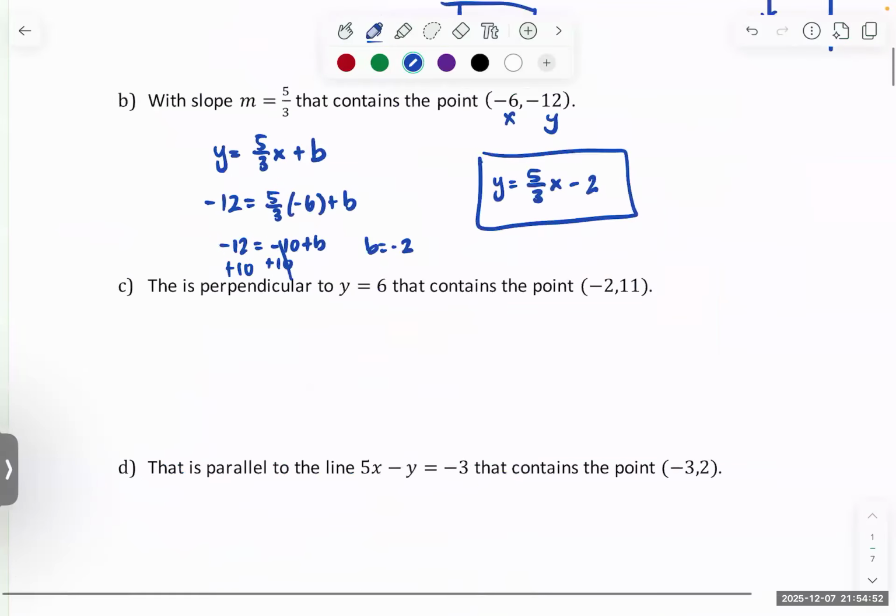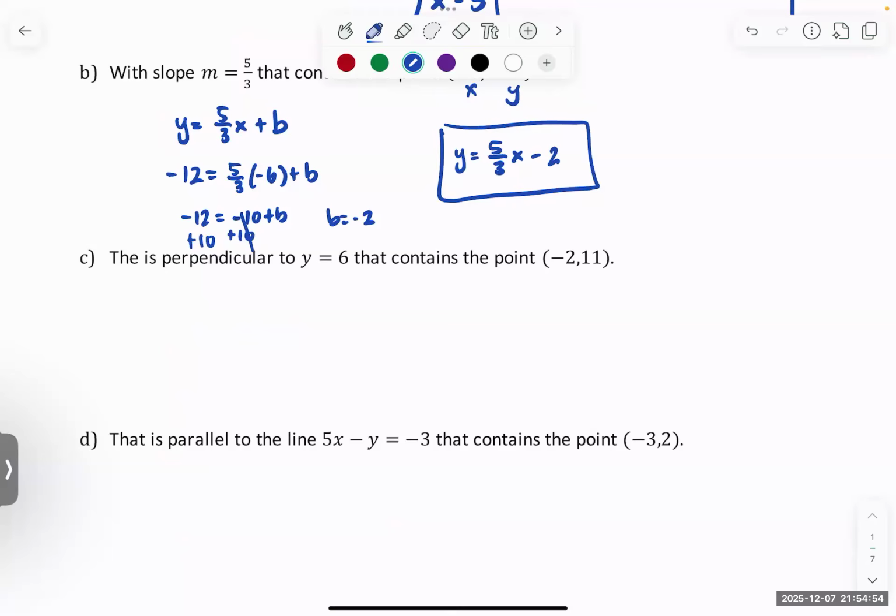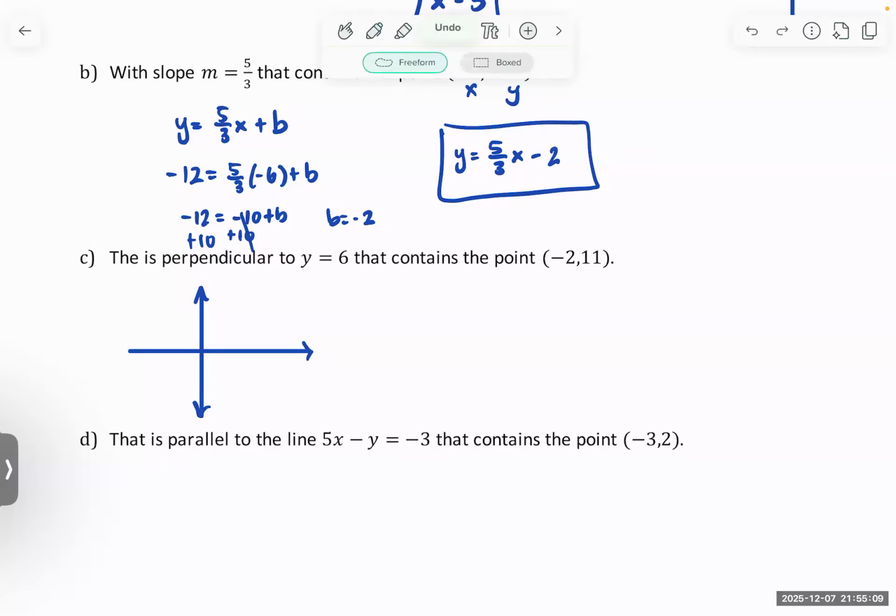So find the equation of a line that is perpendicular to y equals 6 and contains the point -2 comma 11. So if I'm drawing this out, let's ignore all the algebra stuff and let's just draw this out first. So this is -2 comma 11, which is like up here, okay?